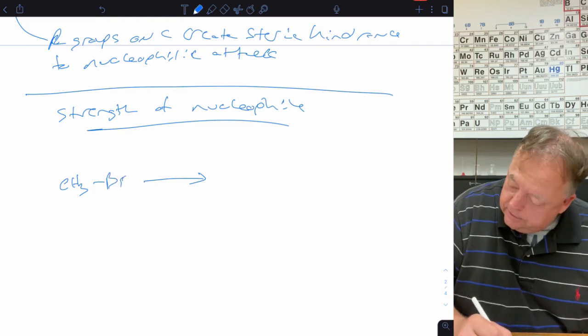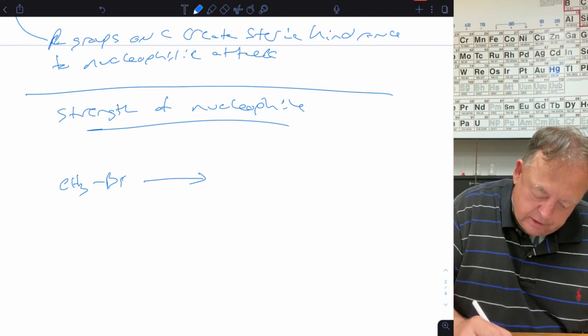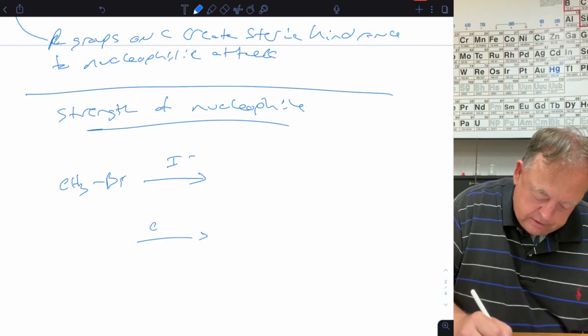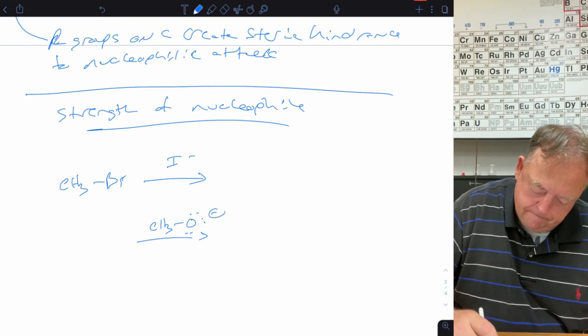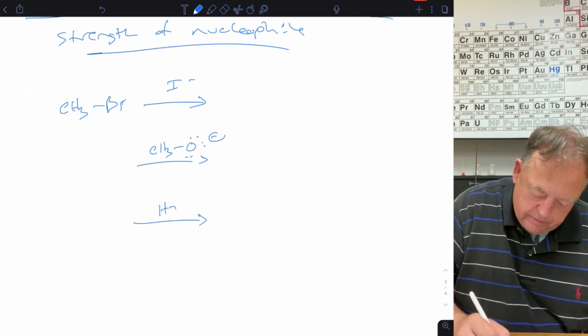So if we had a variety of different nucleophiles, maybe it's iodide, maybe it's the conjugate base of an alcohol, maybe it's a water molecule.